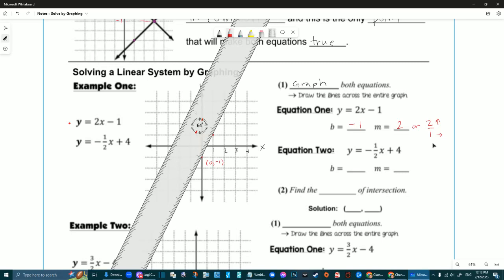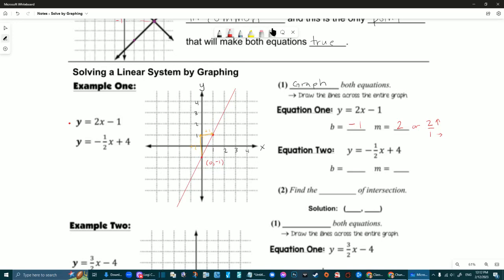Let's go ahead and trace that all the way across the graph. And then really quick, I'm going to add arrows on the edges of that line, and I'm going to label that equation, y equals 2x minus 1.